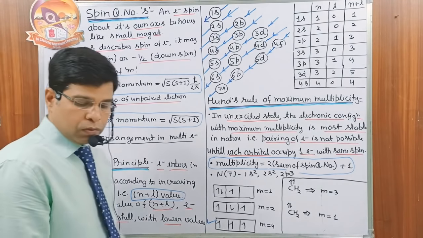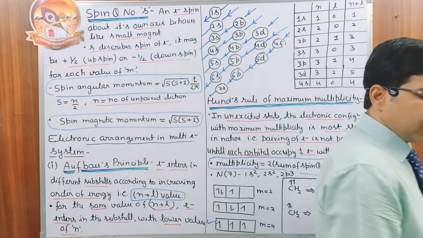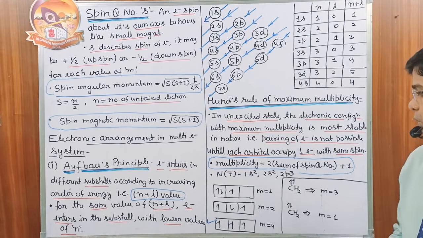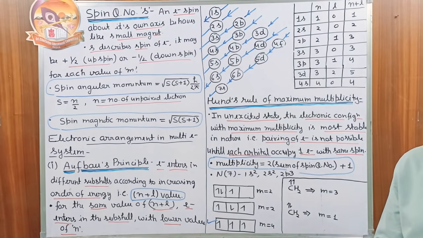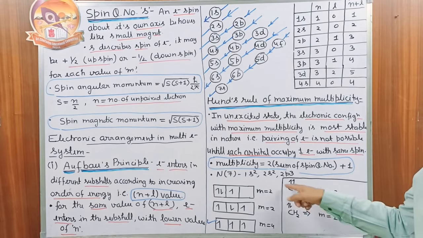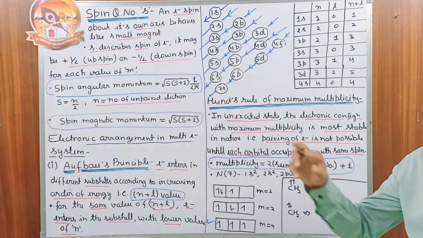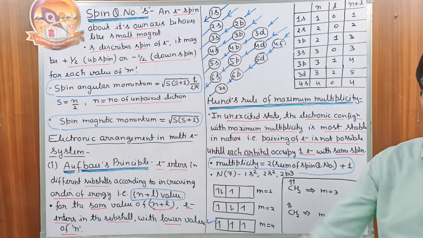You also know it, it is very famous and popular: singlet carbene and triplet carbene. Which carbene is stable? Look, in the singlet carbene, electrons are paired, they have opposite spin, but in the triplet carbene electrons are unpaired, both have the same spin.